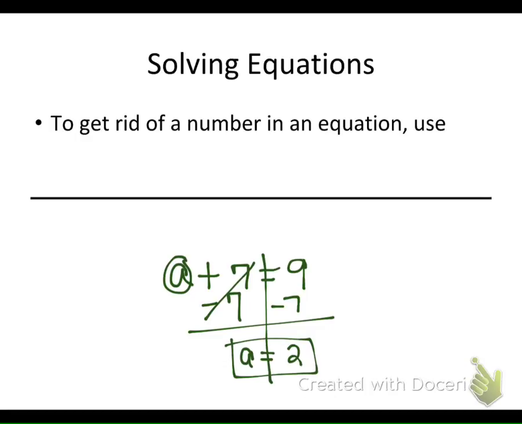The proper term is not opposite, it's inverse operations. So on that line, you're going to write inverse operation. When I say, what is the inverse operation of addition, that basically means, what's the opposite of addition?